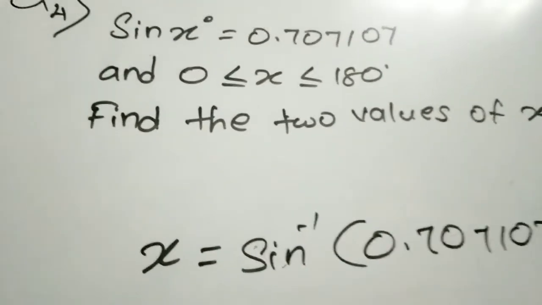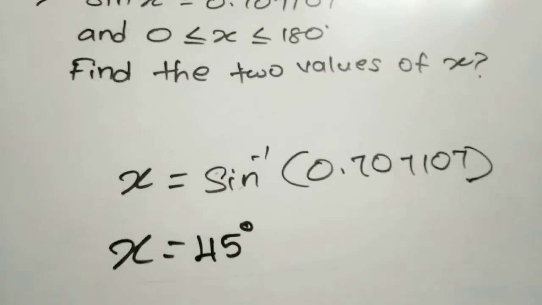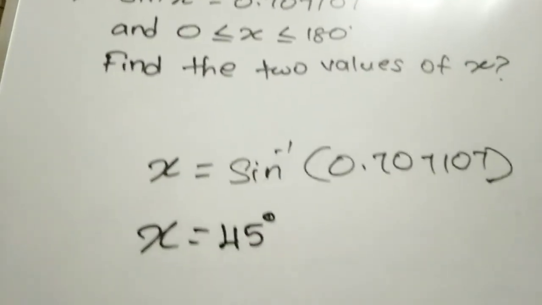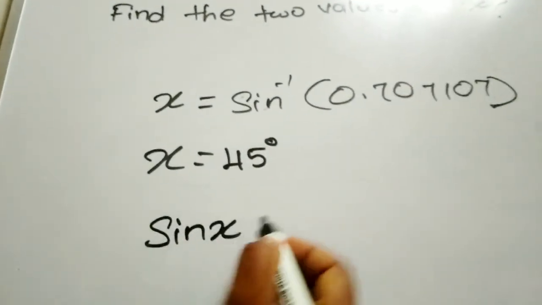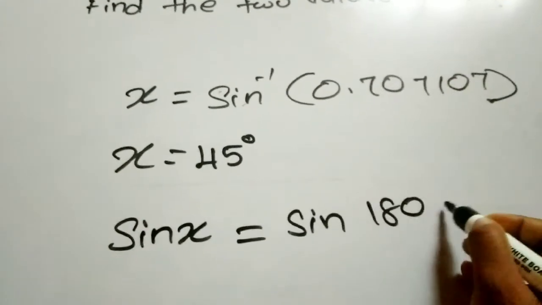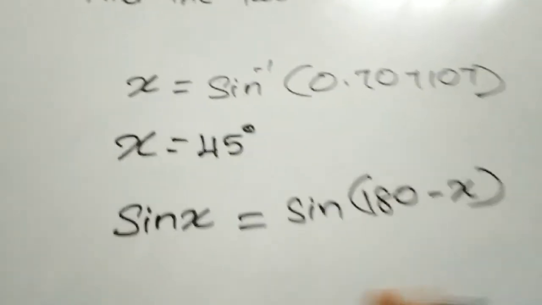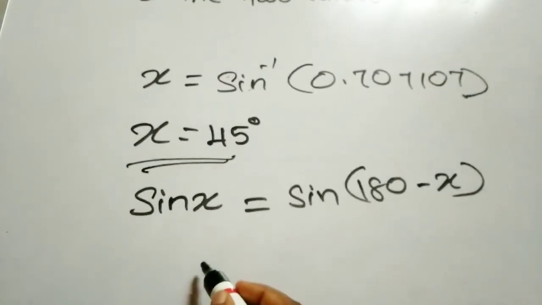But here they are asking for two values of x. How can you find the other value? We have to use the theory I taught before. Sin x is equal to sin (180 minus x).